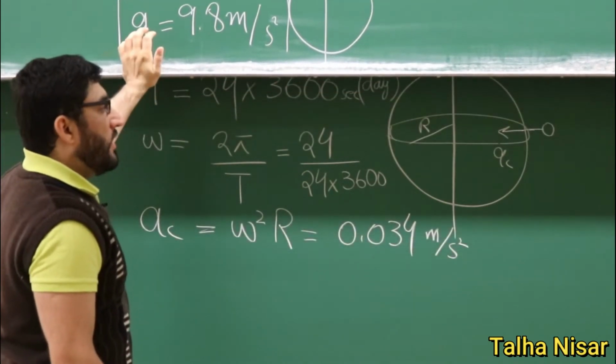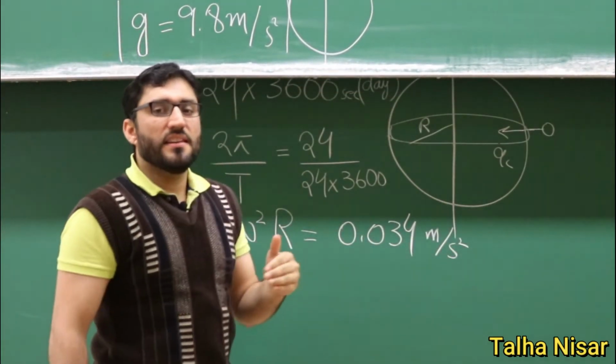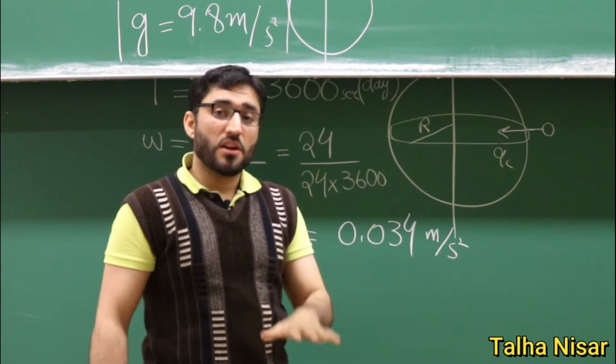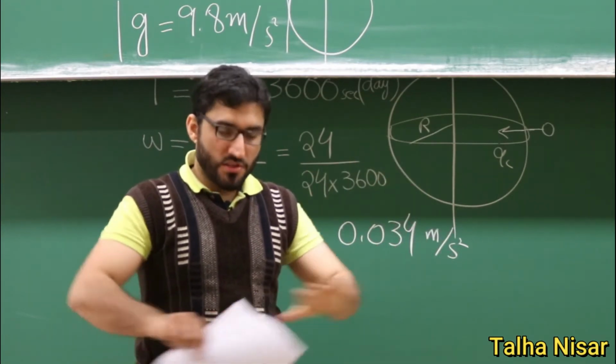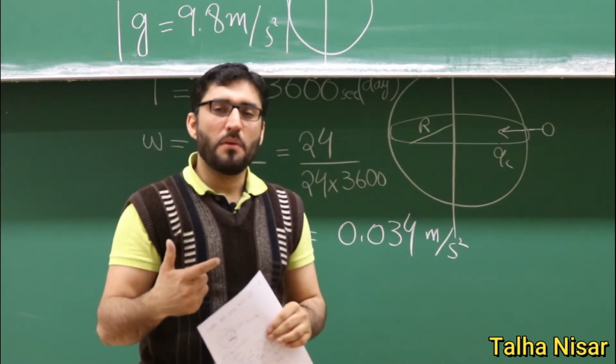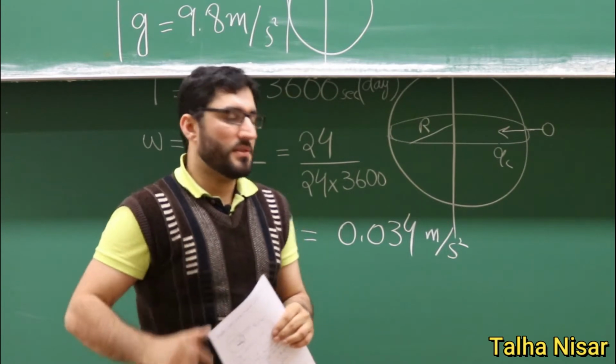Since it is so small, we can just ignore this acceleration, and then we can consider the surface of the Earth as an inertial frame of reference for practical purposes.